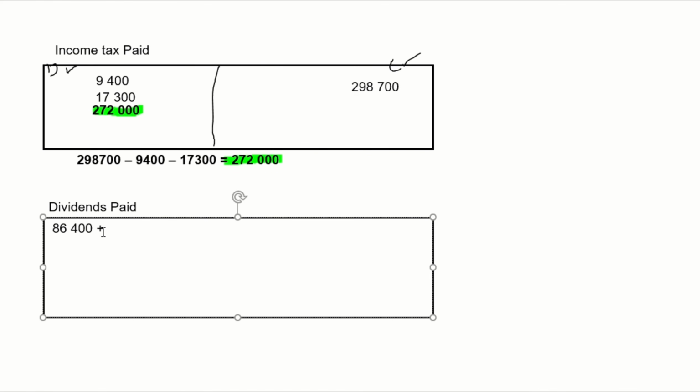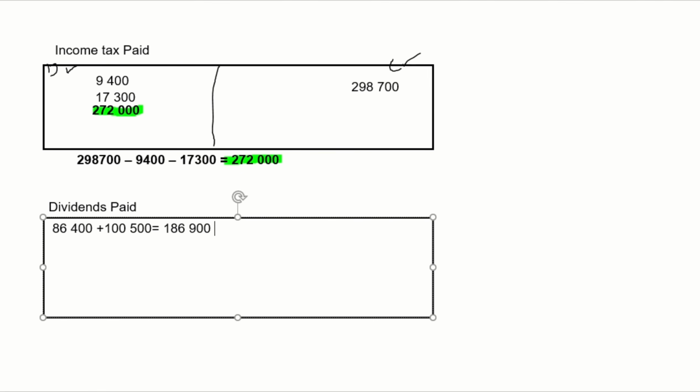So we're gonna come here and say 100,500, like that. Then we're going to equal it, and that will be 186,900 rands. And that is our dividends paid amount for the year.